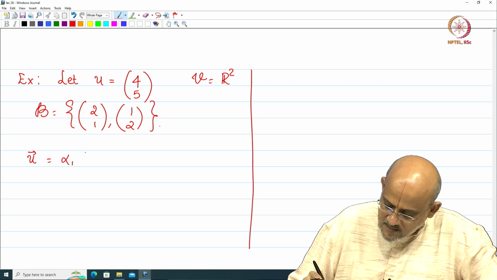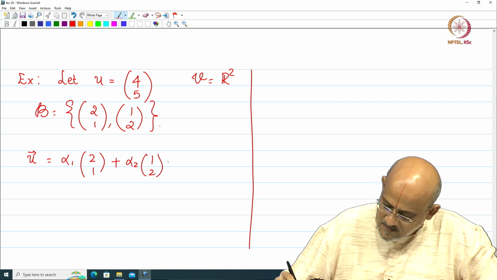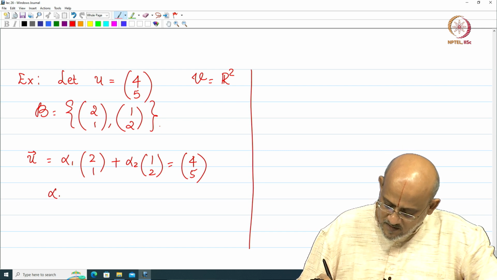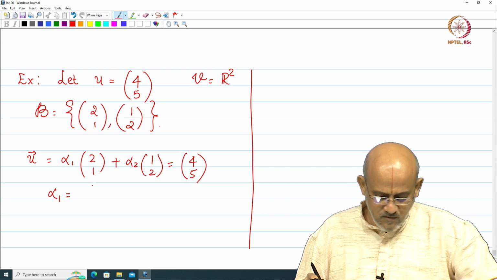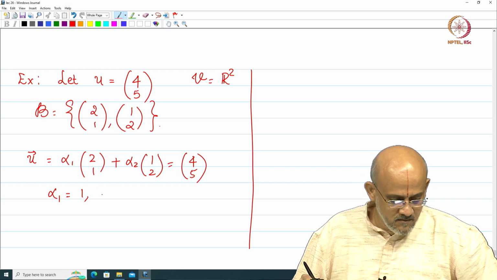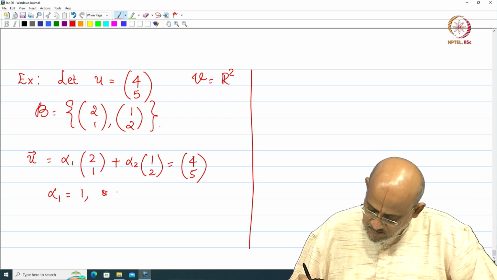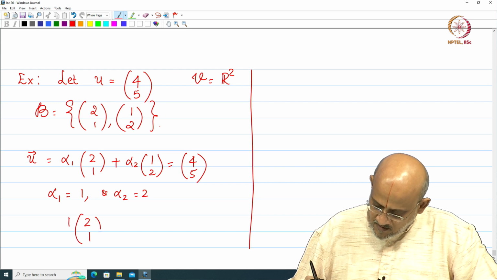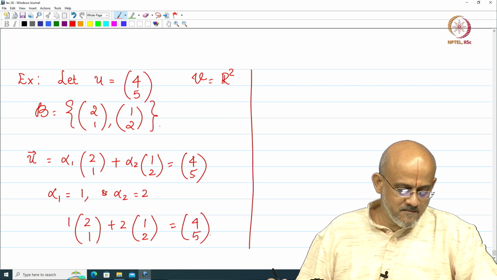So I want to find scalars alpha 1 into 2 1 plus alpha 2 into 1 2 such that this is equal to 4 5. Now if we solve, we can see that alpha 1 is equal to 1 and alpha 2 is equal to 2 will give this. So we have 1 into 2 1 plus 2 into 1 2, which gives 2 plus 2 is 4 and 1 plus 4 is 5. So you get 4 5, right.